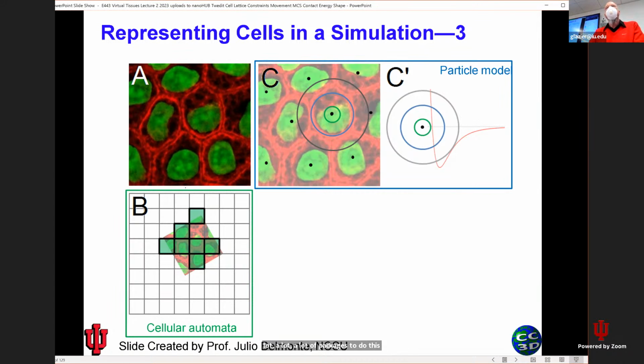Physicell is one. Biocellian is another. There are dozens and dozens of packages that use this methodology. It has some real advantages. It's off lattice. You're not confined to having your particles having discrete locations, which is nice. It's fast. Also, you can do large scale simulations, but it does have some limitations.